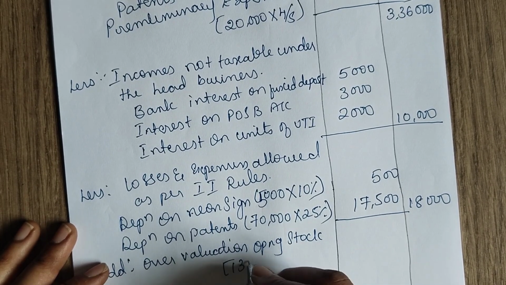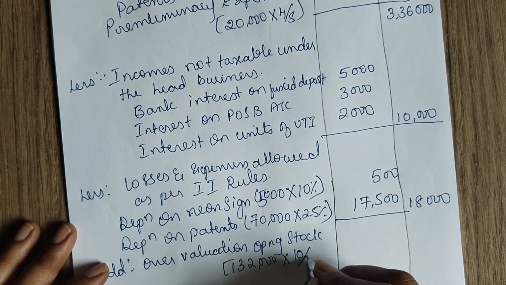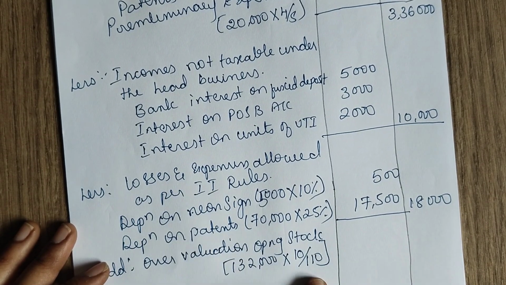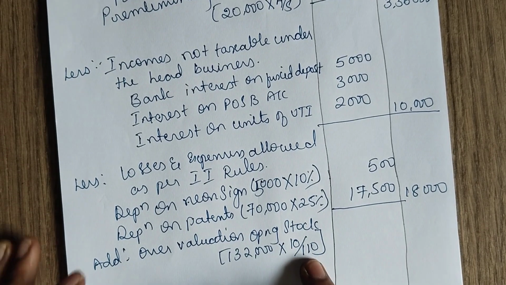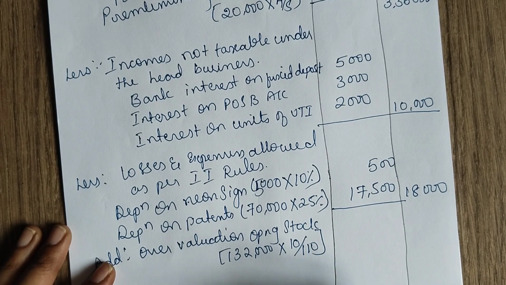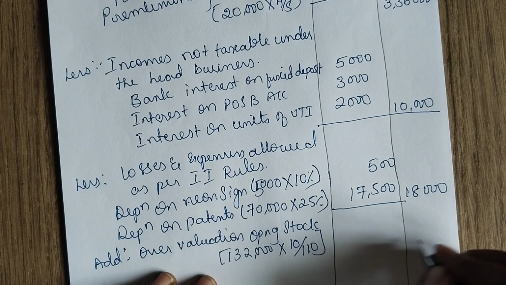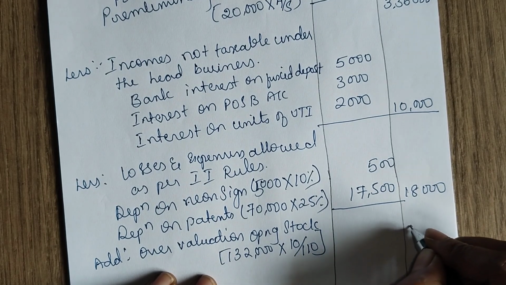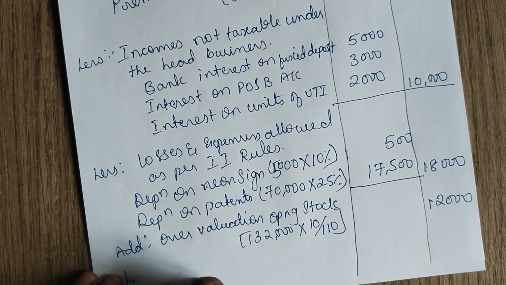Opening stock value is 1,32,000. It is overvalued 10%. 10 divided by 110. How 110? 10% is overvalued, so we are adding it to the percentage. 1,32,000 into 10 by 110, it is 12,000.